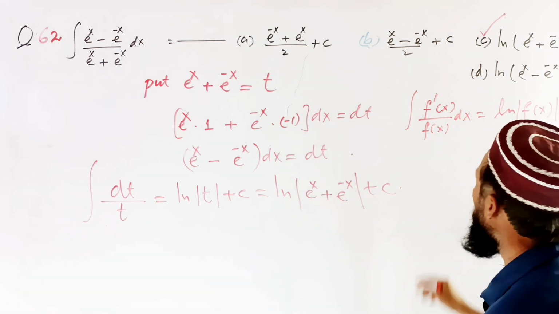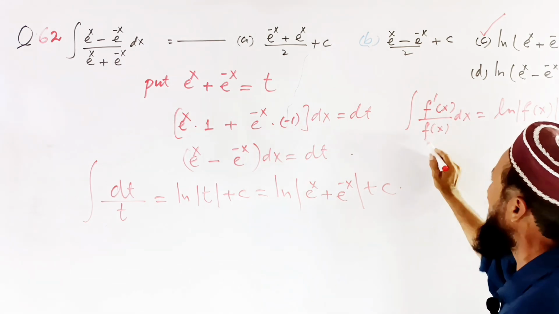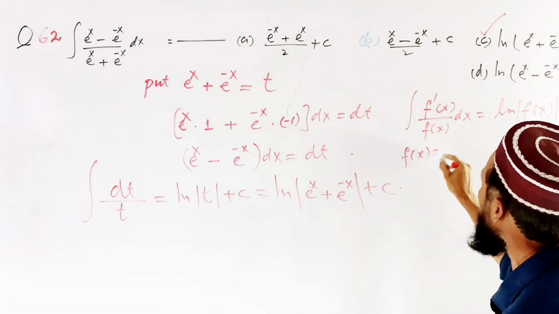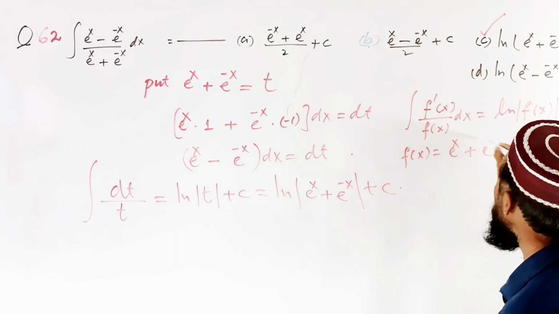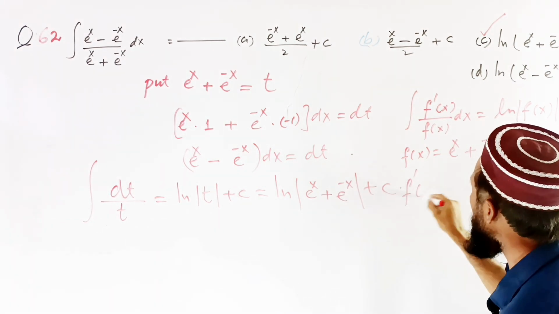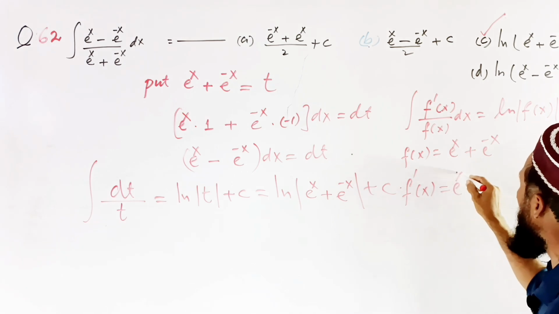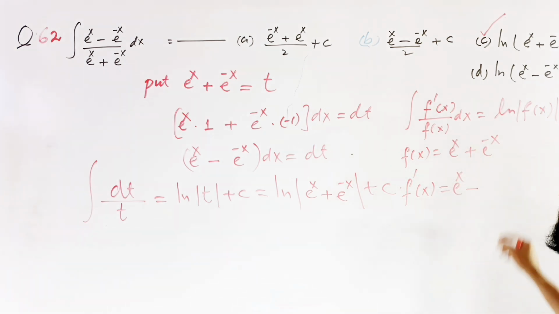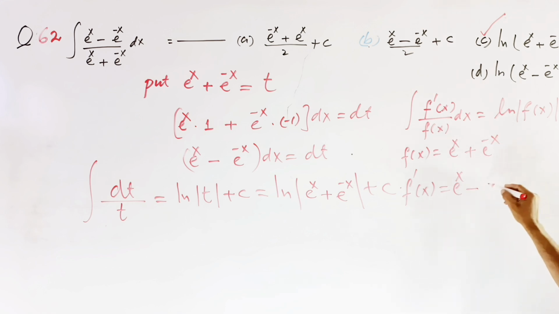According to this formula, f of x is equal to e power x plus e power minus x, and f dash x we find: the derivative of e power x is e power x, and the derivative of e power minus x is e power minus x times minus 1.